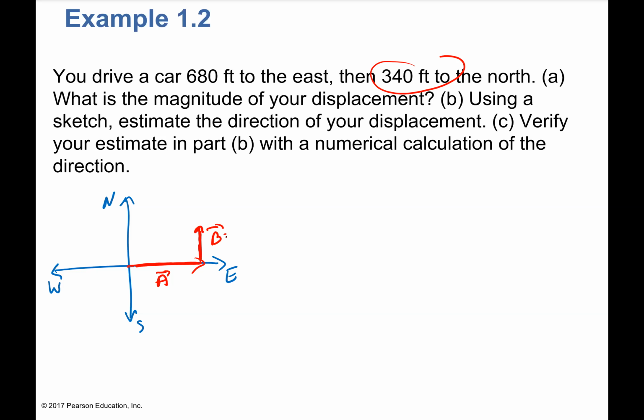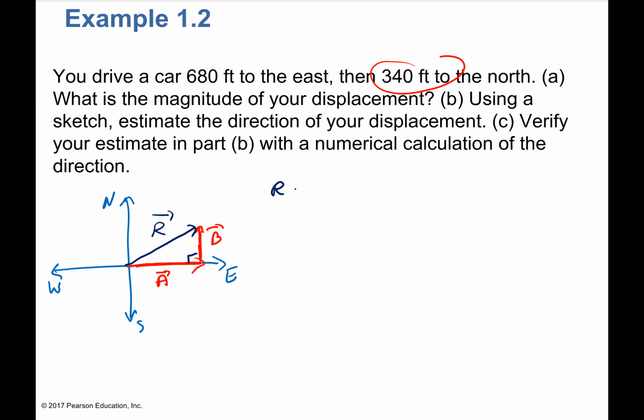Let's call this B. All right, so now it says, what is the magnitude of your displacement? Remember, displacement now would be nothing but this guy here, right? Okay, so this is my resultant. So let's call it R. Well, in this case, A and B are perpendicular to one another.